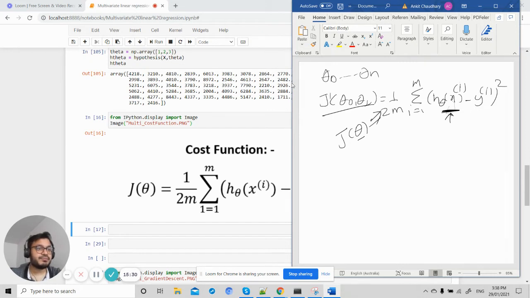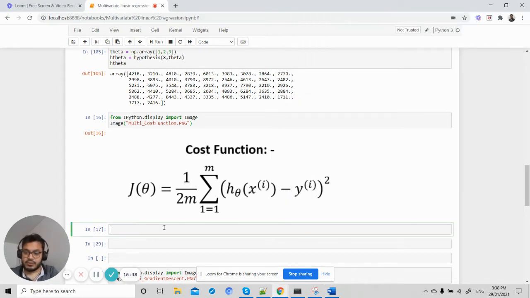This m is our length, right? Then we do the sum and divide by 2m. So the cost function will take x, y, and theta.